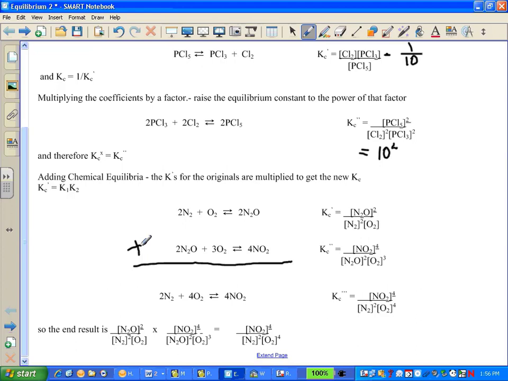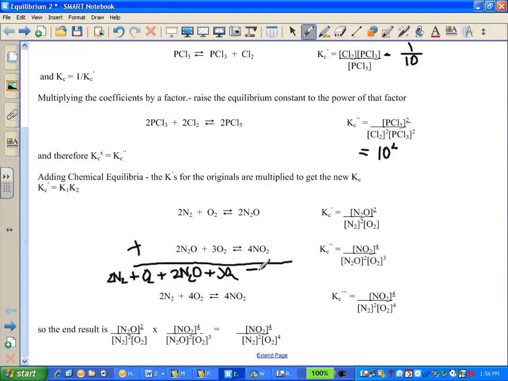Now, what we need to do is look at all of the reactants and all of the products, and take the sum. So one way to organize this is to take all of the reactants: 2N2 plus O2 plus 2N2O plus 3O2.